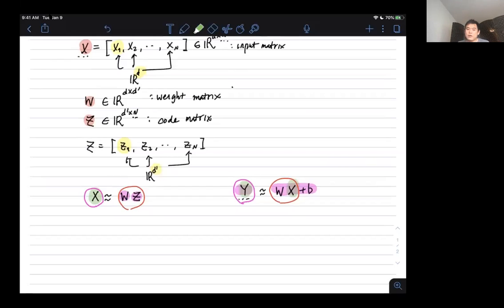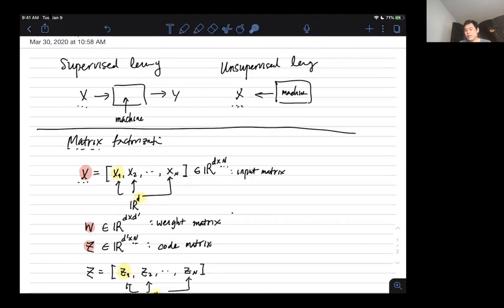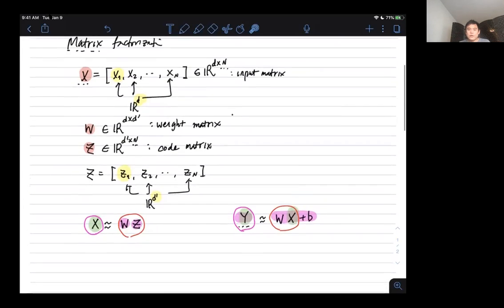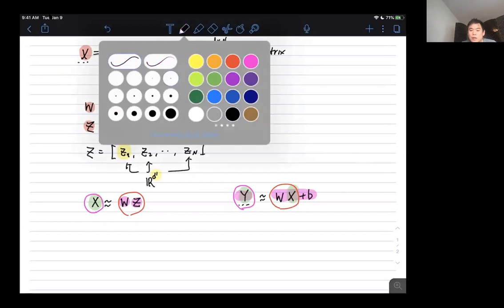However, that really doesn't tell me anything about the actual input matrix or the input vectors. The goal of unsupervised learning is to figure out what goes inside this input vector, but under that kind of trivial solution, we really don't see any of that. So what it means is that we must have certain constraints or assumptions.